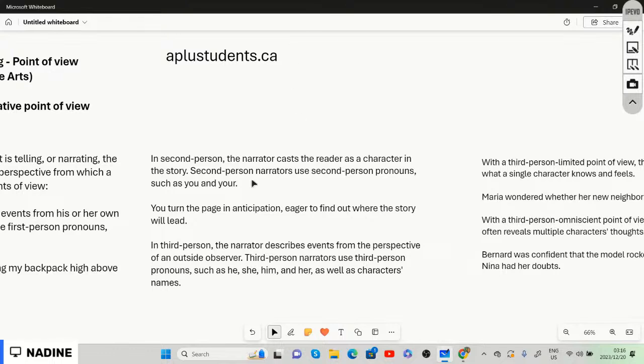So once again, in the second person, the narrator casts the reader as a character in the story, and we use the pronouns such as you and your. We made an example: you turn the page in anticipation, eager to find out where the story will lead.